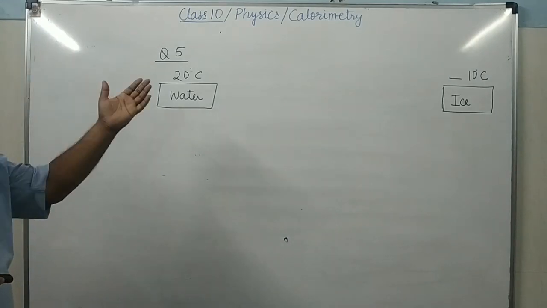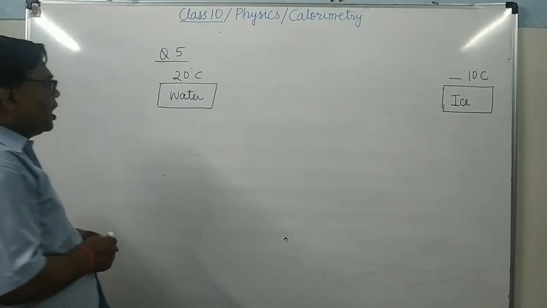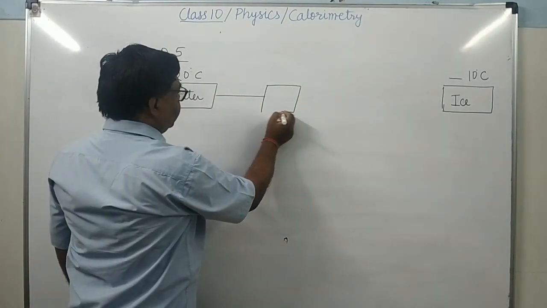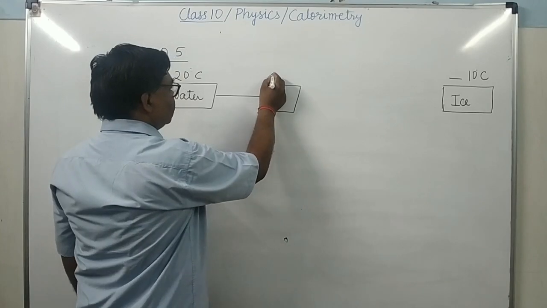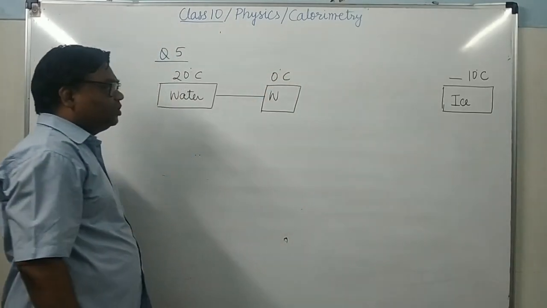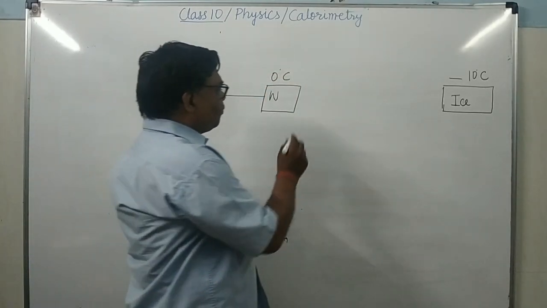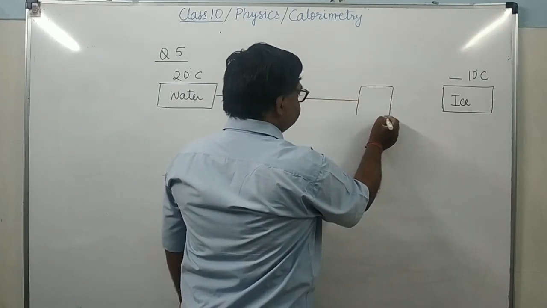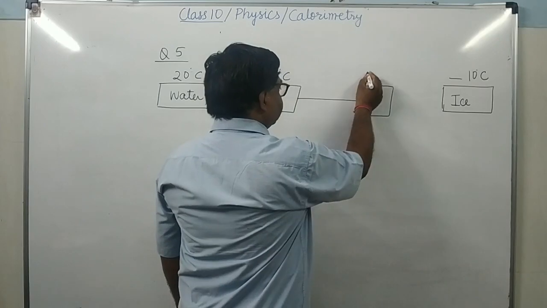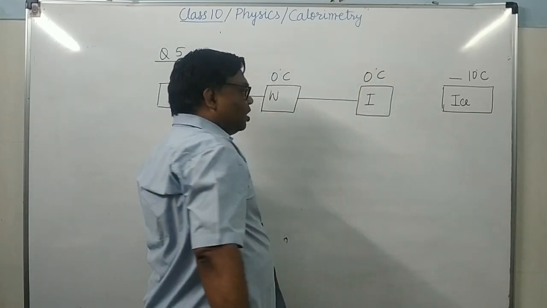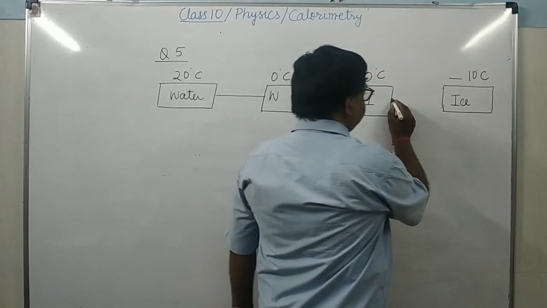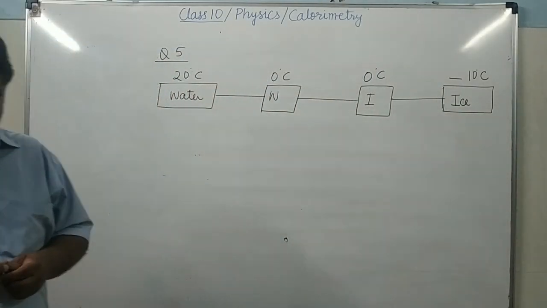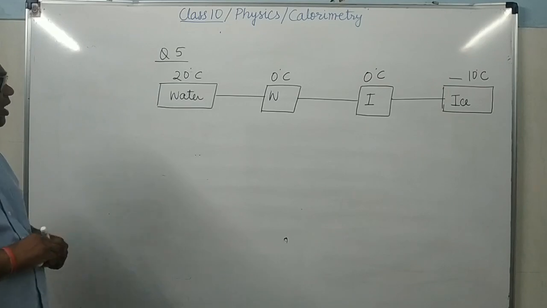So first it has to liberate some heat and change into water at 0 degree Celsius. Then it will lose the latent heat and change into ice at 0 degree Celsius. Now it further loses heat energy and changes into ice at minus 10. So the change will take place in this manner.